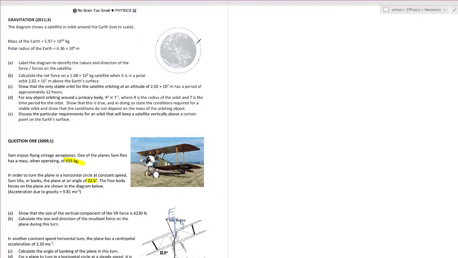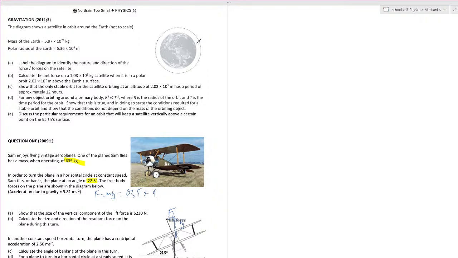Show that the size of the vertical component of the lift force is 6230 newtons. So hopefully by now you realize that this is going to be our force of gravity. So all we have to do is multiply our acceleration, F equals ma, F equals m times g. We know our mass, it's 635.